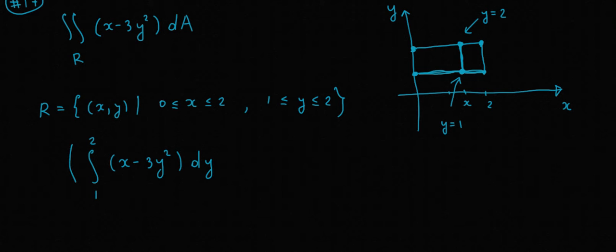And then once we're finished with that integration, the result, which will be a function of x, will be integrated over x from 0 to 2. And the reason we're integrating from 0 to 2 for the second integration is because for the points inside our region, the x coordinate takes values between 0 and 2.